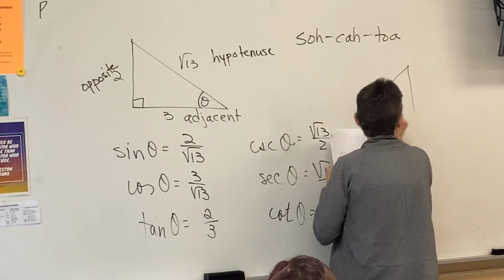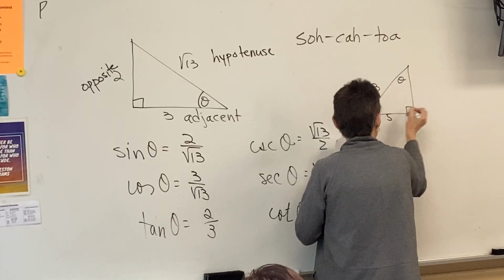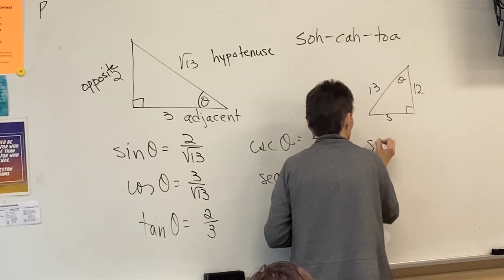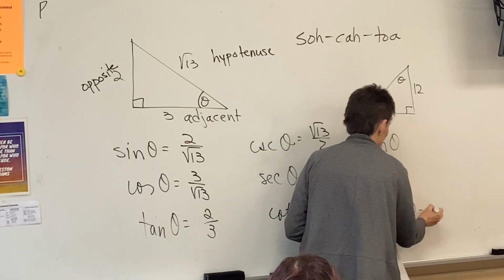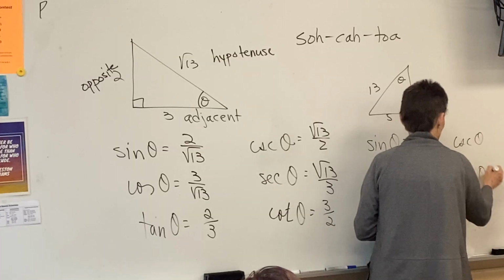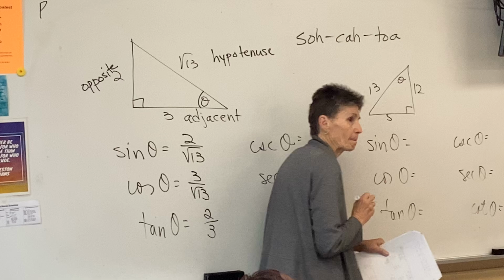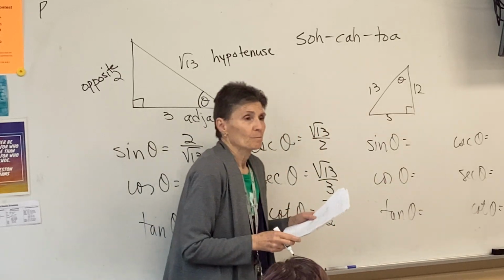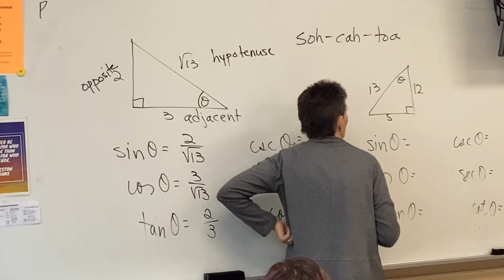Pay attention to where your angle is. All right, here we go. Label those sides. Which one's the hypotenuse? 13.